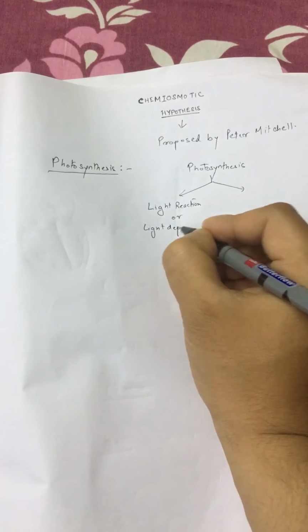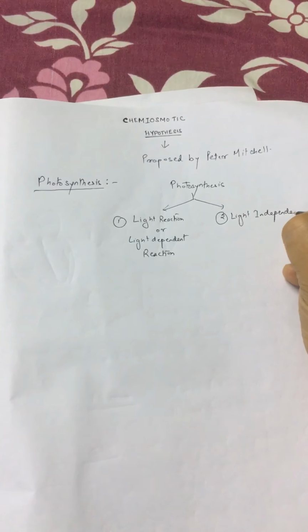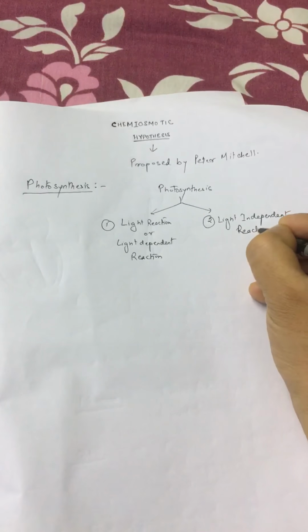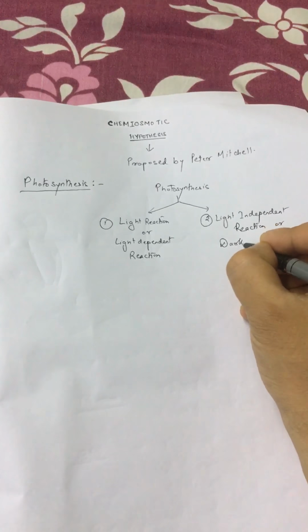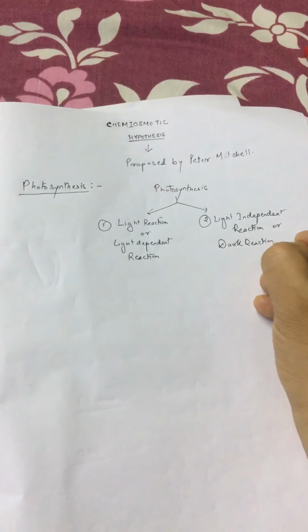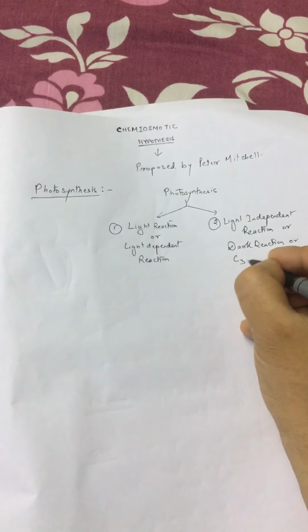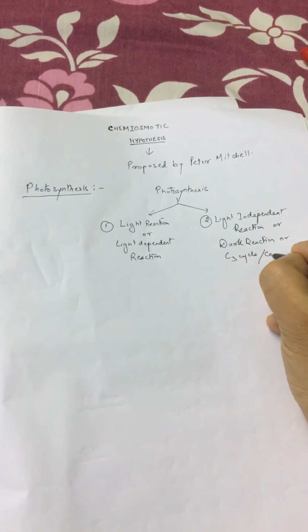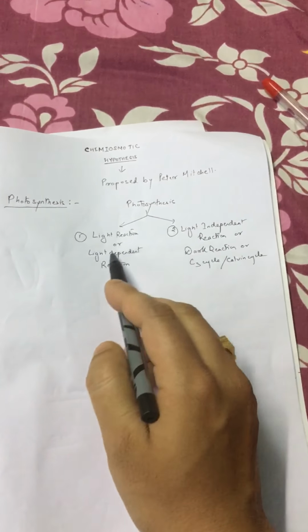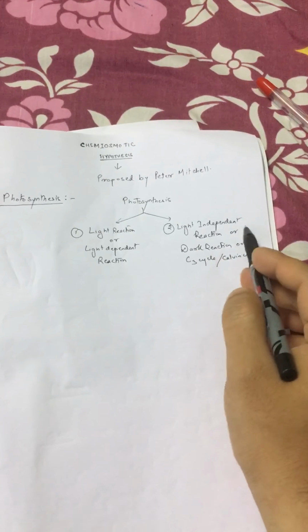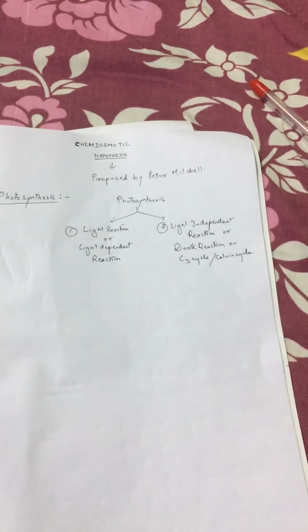And the next phase is called the light independent reaction, which is also called the dark reaction or C3 cycle or Calvin cycle. So these are the two phases of photosynthesis, right? The first phase is the light reaction or light dependent reaction. The second phase is the light independent reaction or dark reaction or C3 cycle or Calvin cycle.